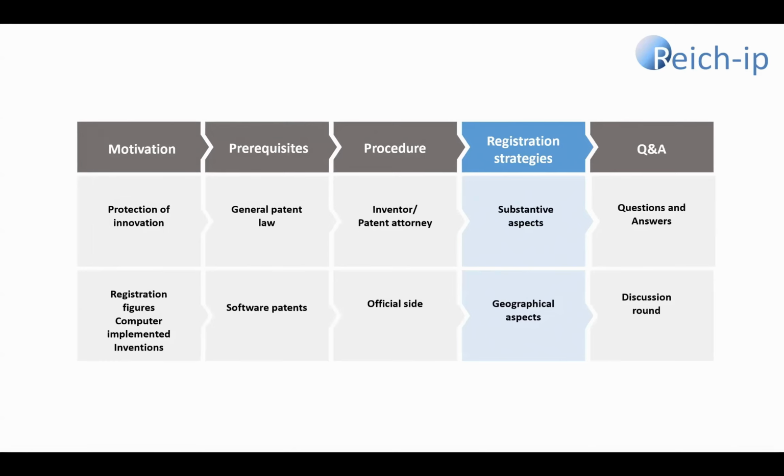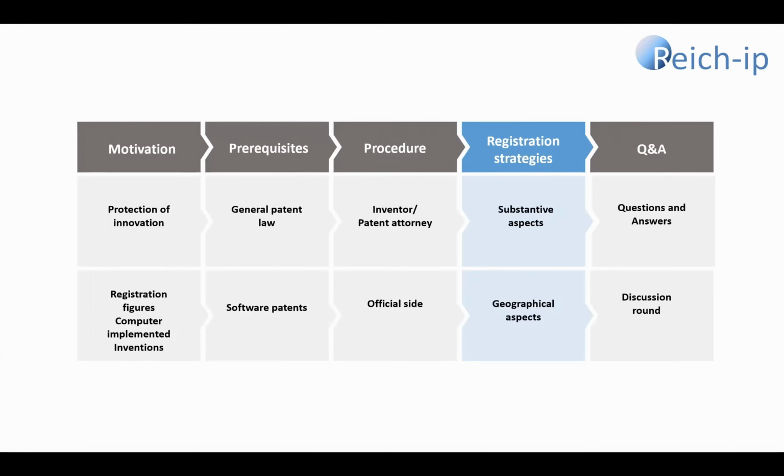So now with the registration of the software patents, now comes the very interesting part regarding AI patents. And as we were informed before, the AI patents pretty much rely on software patents.